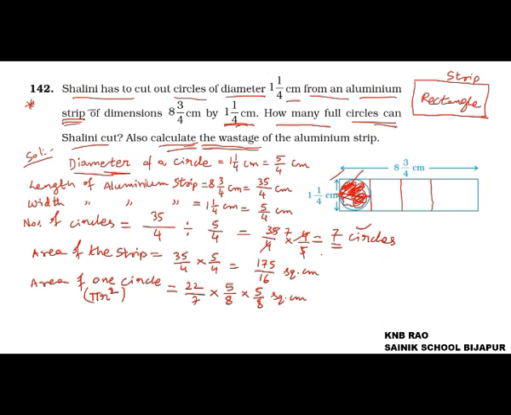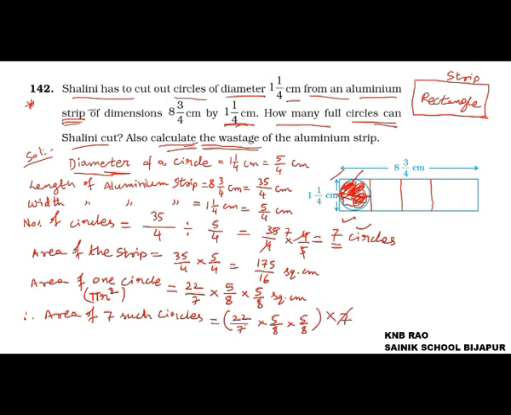But how many circles are cut? We have cut 7 circles. Therefore, the area of 7 such circles will be the product of the area of one circle, that is 22 by 7 into 5 by 8 into 5 by 8, multiplied by the 7 in number.